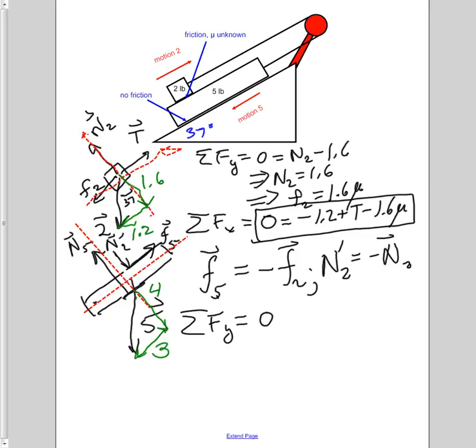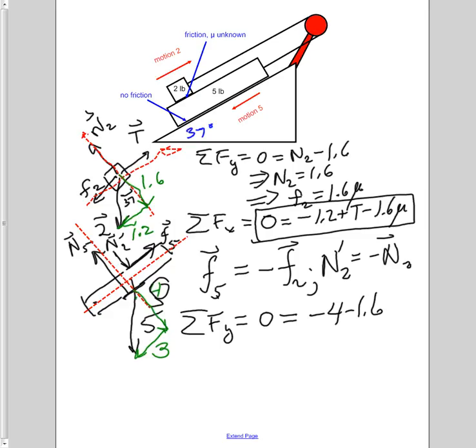And so the sum of the forces in the y direction is -4. That's this guy. And then we have N2 prime pointing in the negative direction, and it's got to be the opposite of N2, and so it's -1.6.